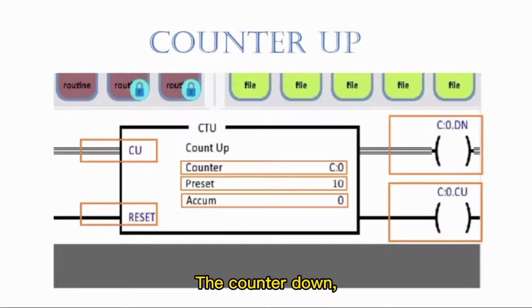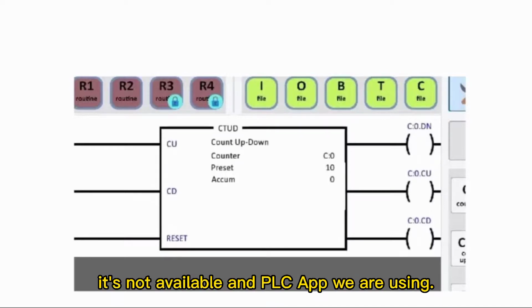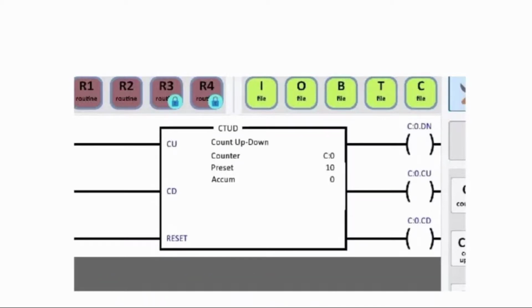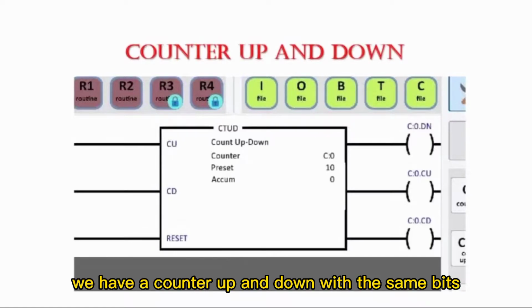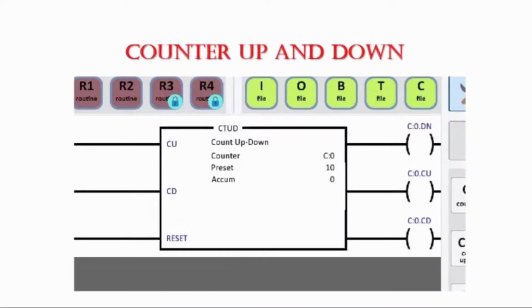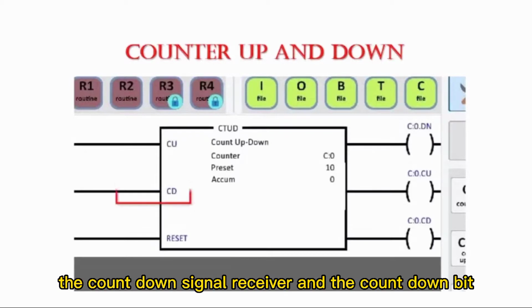The counter down is not available in the PLC app we are using. However, we have a counter up and down with the same bits and values, only it adds the countdown signal receiver and the countdown bit.